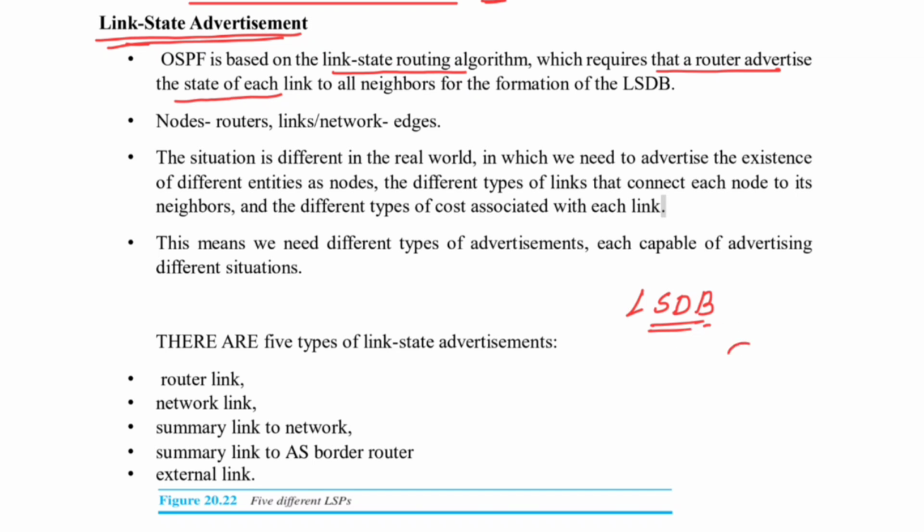Suppose you have router R2 connected to router R1 on this side, and on this side is R3. Then R2 will receive from R3 its LSP, and R1 will send its LSP to R2. When R2 collects the LSPs from both R1 and R3, it is going to form the link state database.